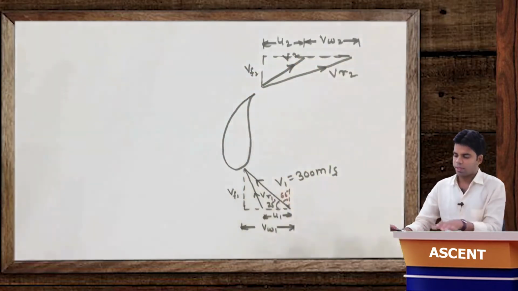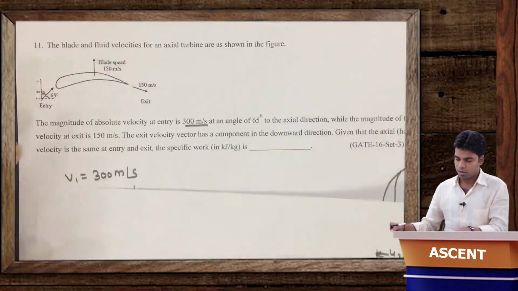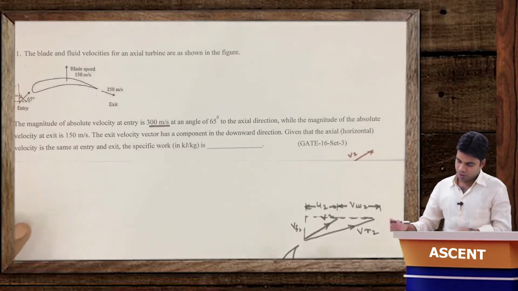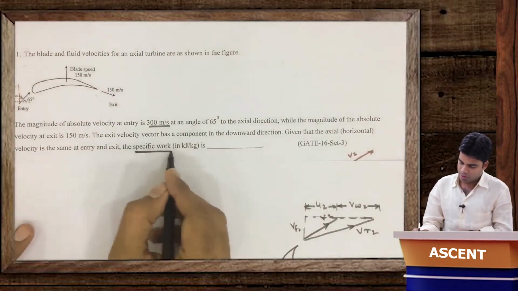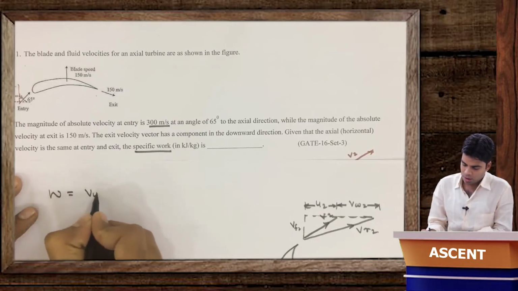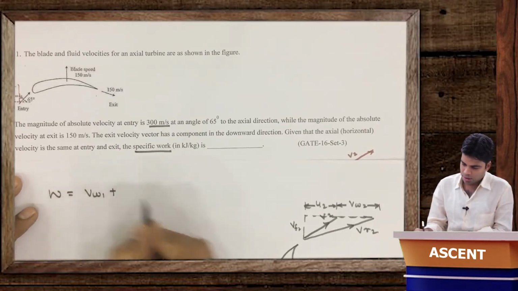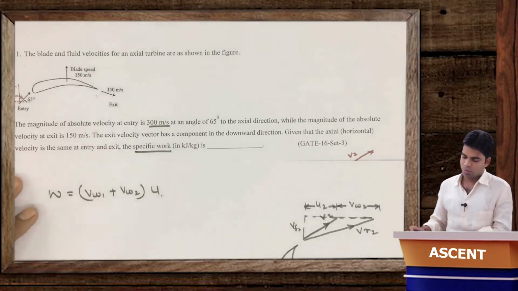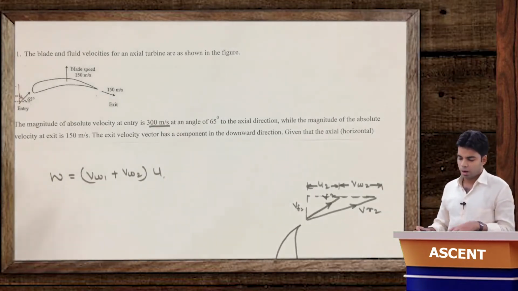So this is our inlet and outlet velocity triangle for this particular blade. Okay. So what we have to determine here is this specific work. And what is the formula for specific work? We know this is equal to VW1 plus minus, and in this case obviously plus VW2, into U. Because this is a specific work, so no m term here.